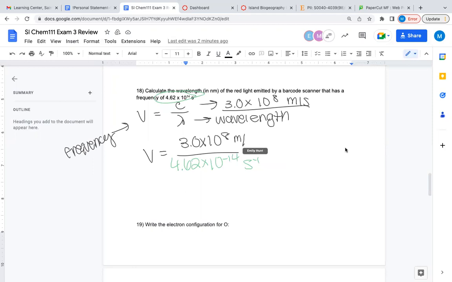This is meters per second. So seconds cross out. So we know that our answer is at least in meters. And how I like to do it is put parentheses over this so my calculator doesn't freak out on me.